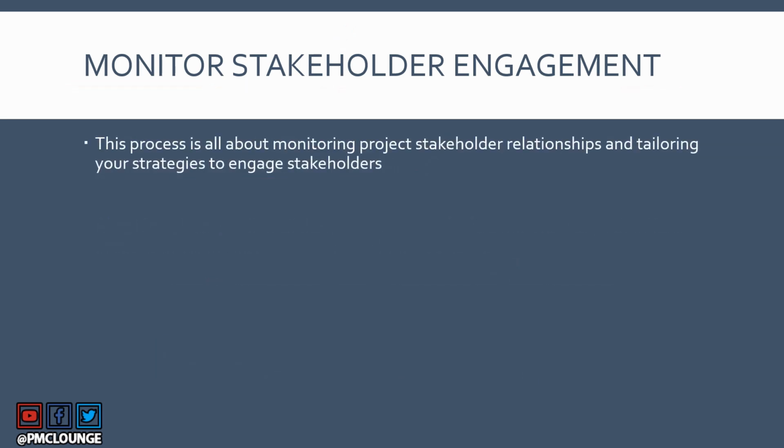So this process is all about monitoring the project stakeholder relationships and tailoring your strategies to engage stakeholders. Now, when you were creating your stakeholder engagement plan, you came up with some strategies about how you're going to engage your stakeholders, right?